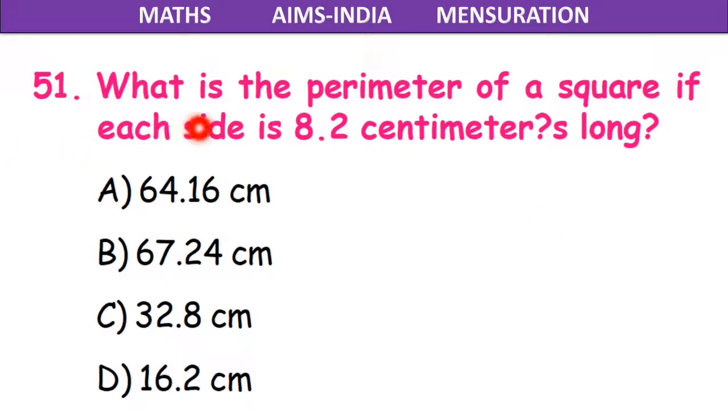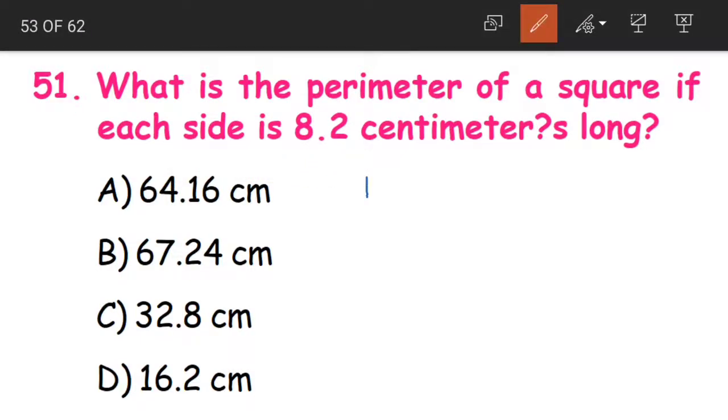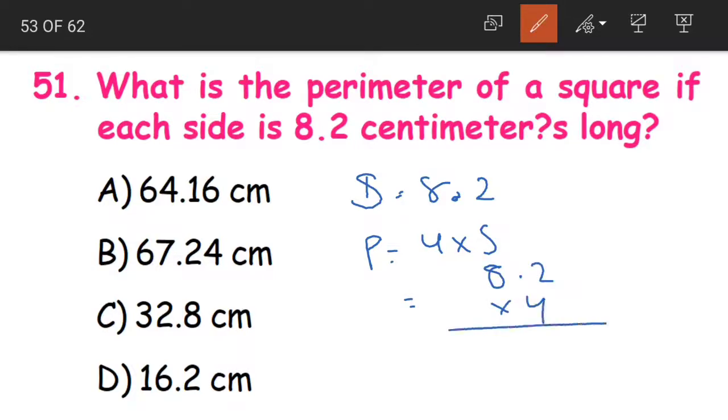Next question 51. What is the perimeter of a square if each side is 8.2 centimeters long? Again, S is equal to 8.2. Perimeter of a square becomes 4 into S. That is 8.2 into 4. Multiply as it is. 4 2s are 8. 4 8s are 32.